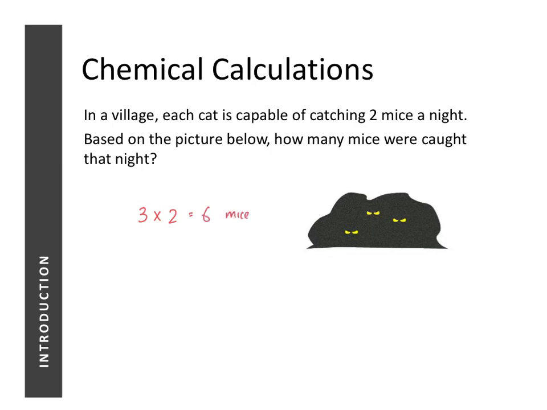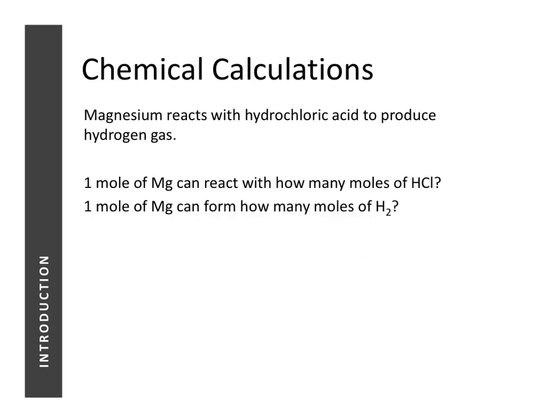Now how do we extend this to chemistry? Let's look at this sample reaction: magnesium reacts with hydrochloric acid. We have learned in the topic of acids and bases that when a reactive metal reacts with an acid, we get hydrogen gas and a salt. Now the question is this.